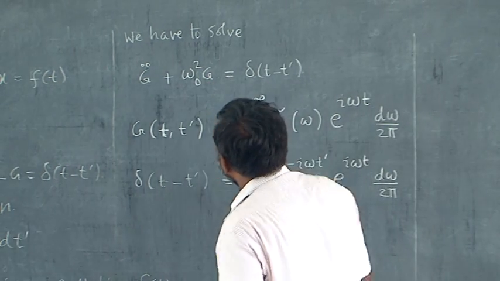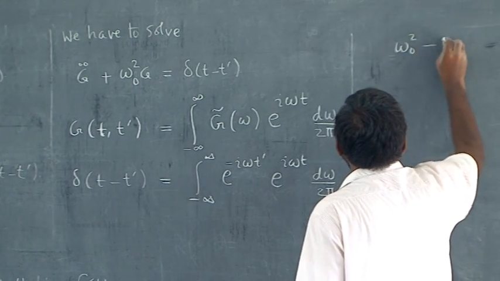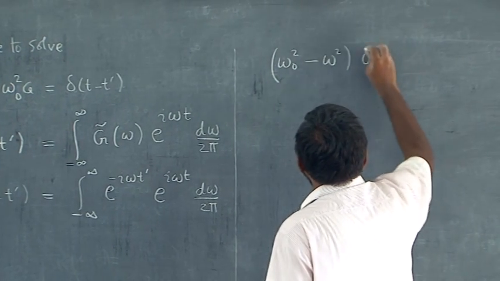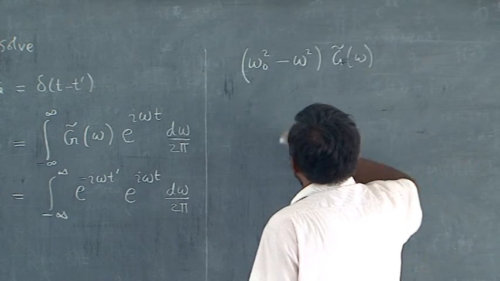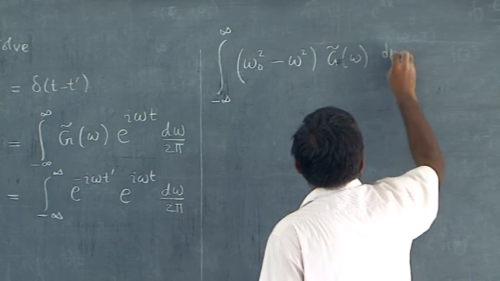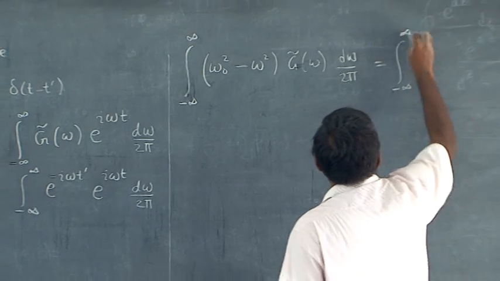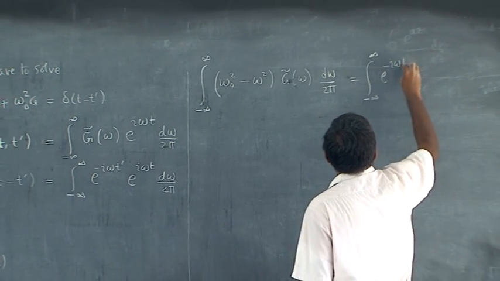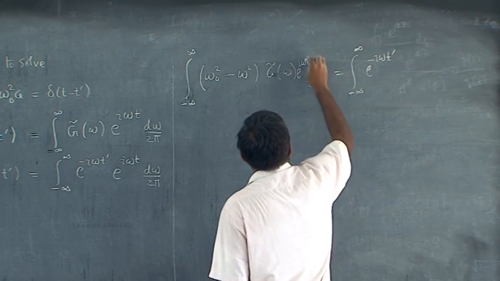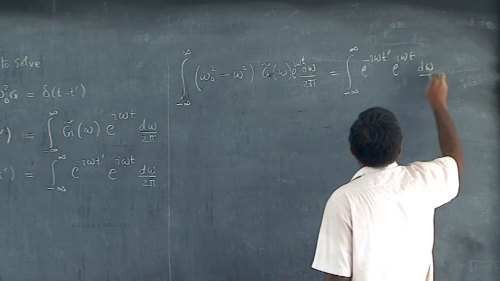This is omega naught. So I will have omega naught square minus omega square into g tilde of omega, integral from minus infinity to infinity d omega by 2 pi, is equal to the integral from minus infinity to infinity of e to the minus i omega t prime, e to the i omega t d omega.